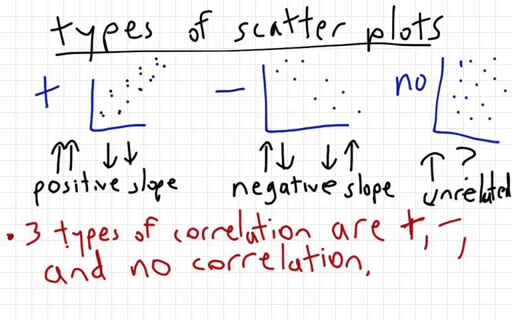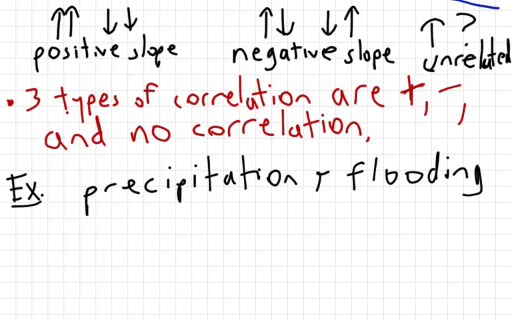All right, we just discussed that studying yields a positive correlation with test grade. Can you think of a negative correlation? What about precipitation and flooding? The more precipitation or the rain that you get, does that mean the more flooding you get or the less flooding?